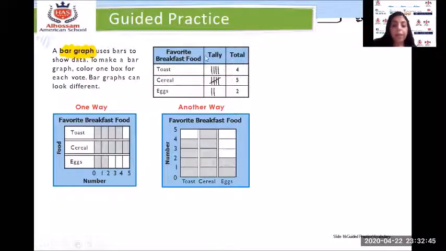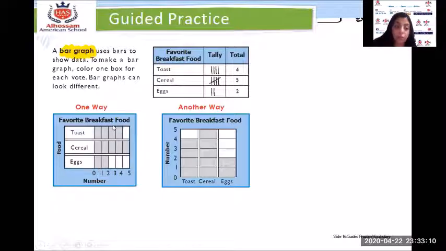For example, here I have a tally chart for favorite breakfast food: toast, cereal, and eggs. 4 people voted for toast, and 5 for cereal, and 2 for eggs. So I can write the choices on the left like that, and the bars will be in rows.